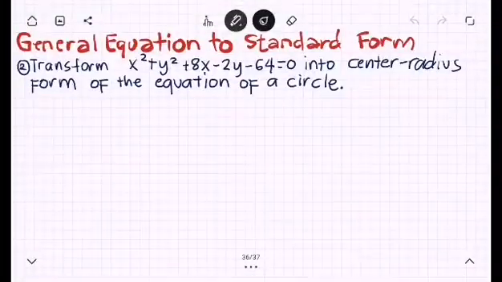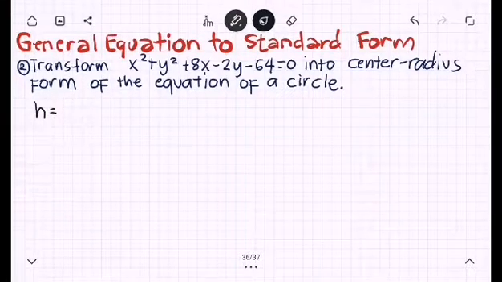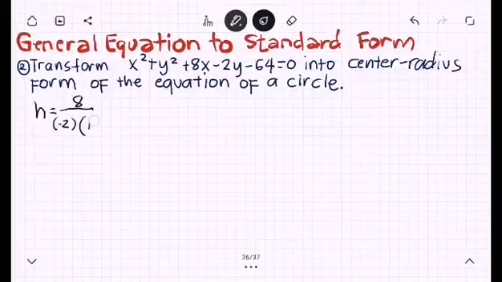Okay, so for our second problem, so we have x squared plus y squared plus 8x minus 2y minus 64. So, ita-transform natin into center radius form o yung tinatawag nating standard form. Okay, so this time, gagawin ko yung shortcut. So, ang h natin is equal to coefficient ng x, so that is 8, over negative 2 times coefficient ng x squared, which is 1.